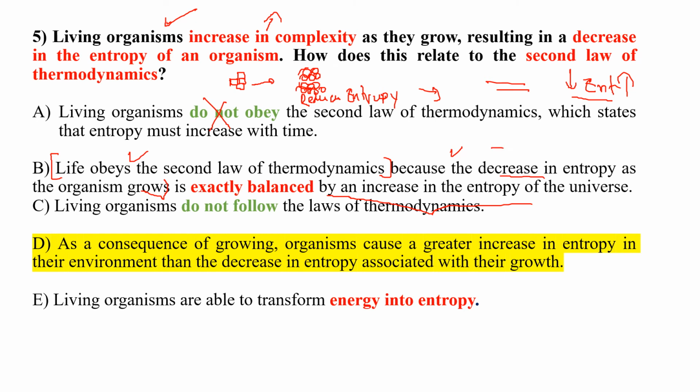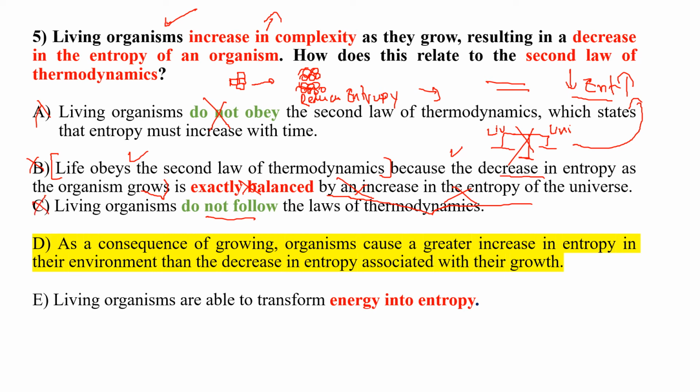So here they are saying that there is a balance between the living organisms and the universe. And as we said, the entropy of the universe is actually increasing, so this is not correct. The last statement here says there is no balance. So A and B are not correct. C, living organisms don't follow the laws of thermodynamics. So this one is not correct either.